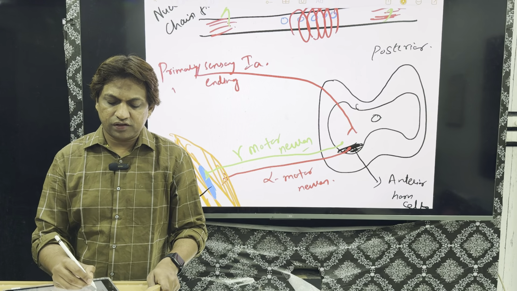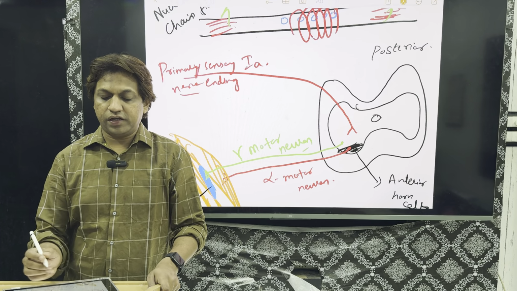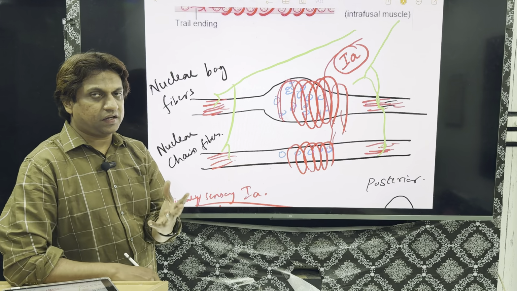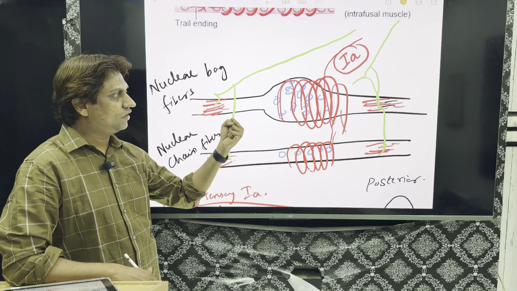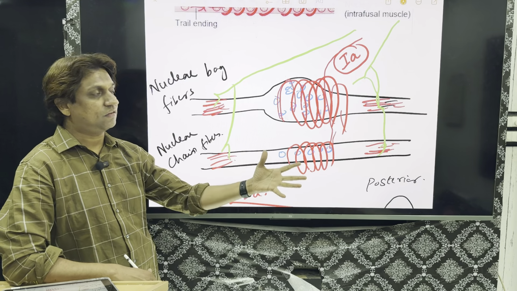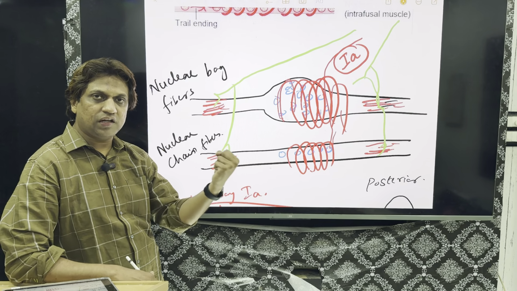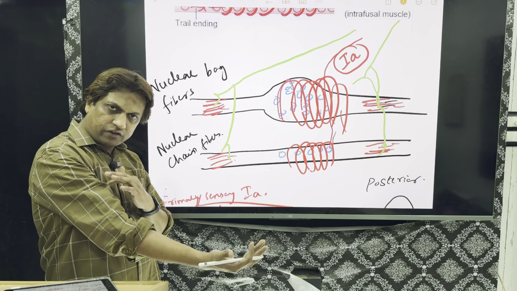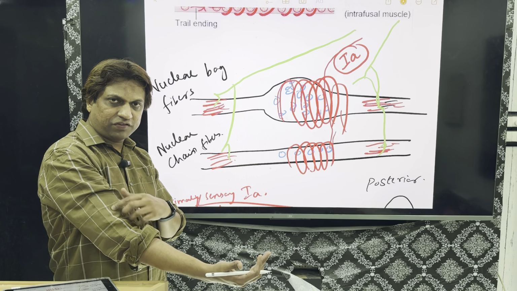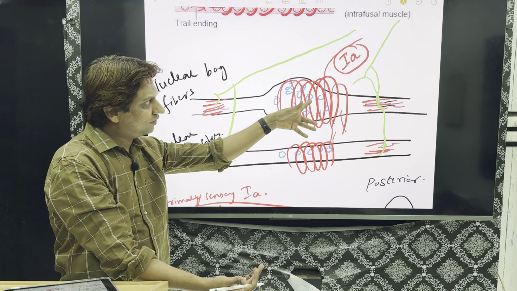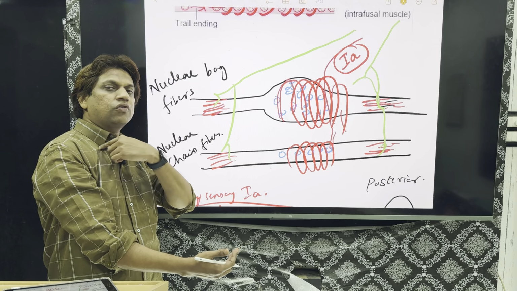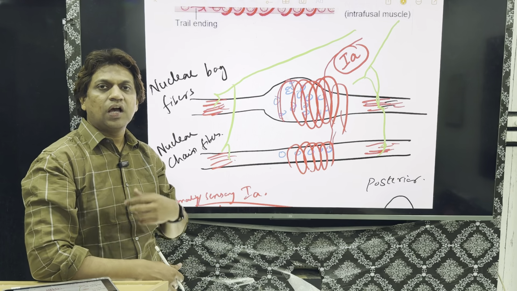Okay, these are primary, and they can detect the dynamic changes of the muscle spindle, that is even the rate of change of length, how fast the muscle is changing its length. Suppose I am doing it very fast, this rate of change of the length of the muscle is sensed by these type 1A fibers, and the information goes to the spinal cord and ultimately to the higher centers.